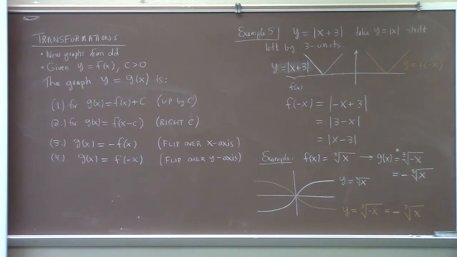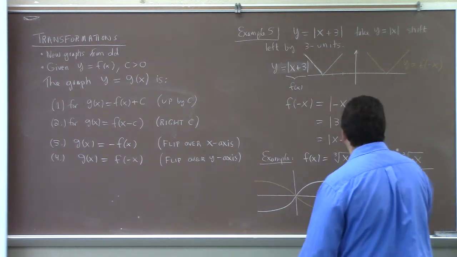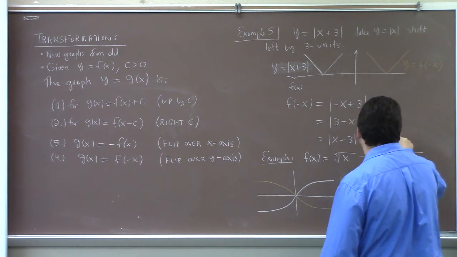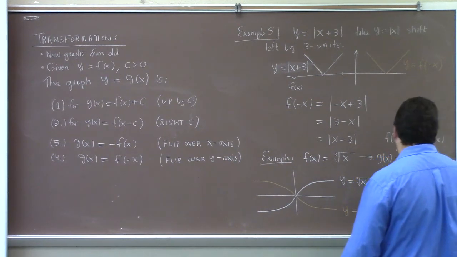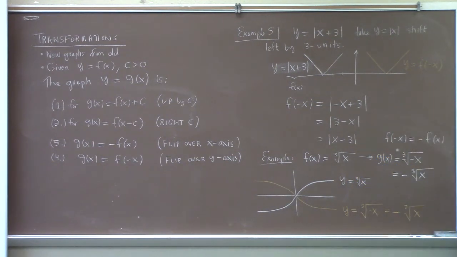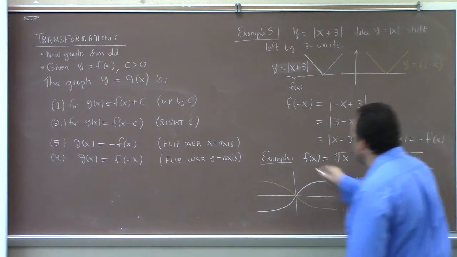You could look at it either in terms of transformation 3 or transformation 4. They both do the same thing. But incidentally, this is an example of an odd function, isn't it? Because we have f of minus x equals minus f of x, right? In this example.